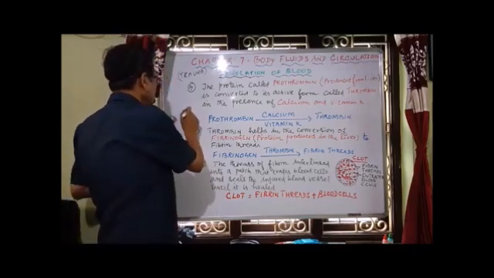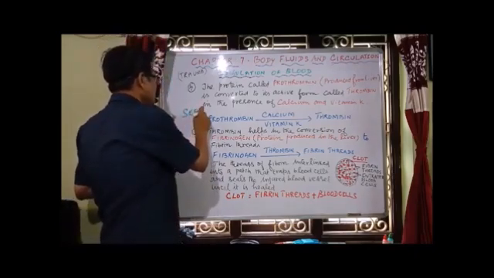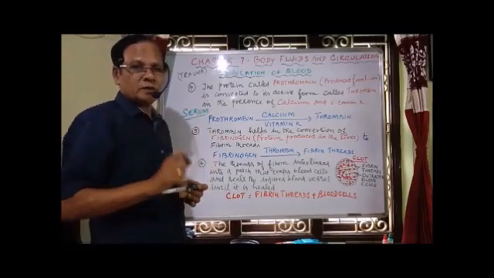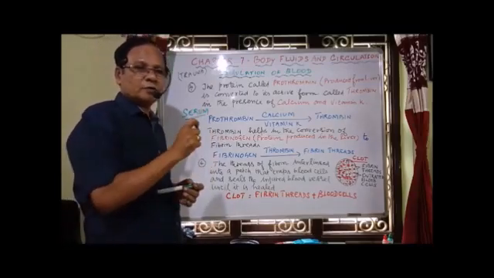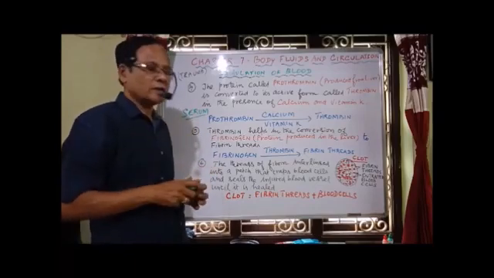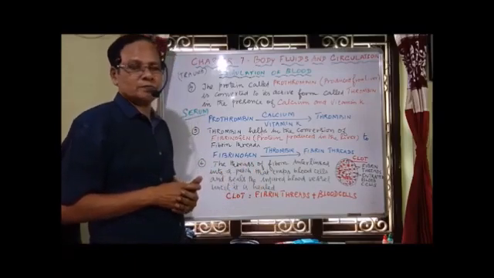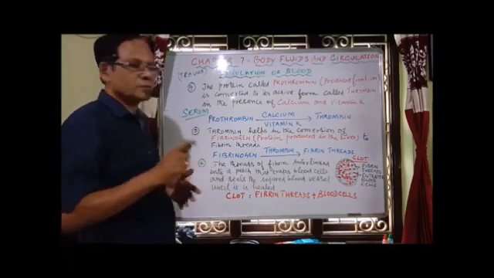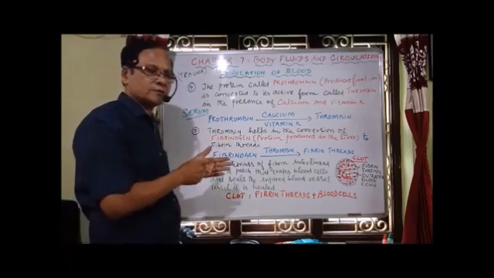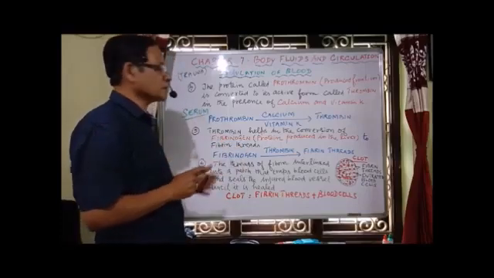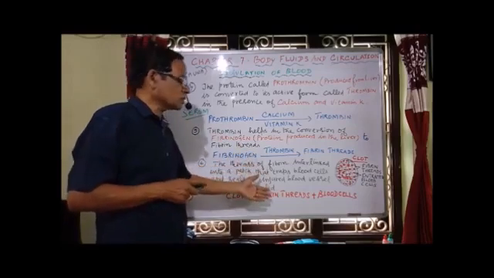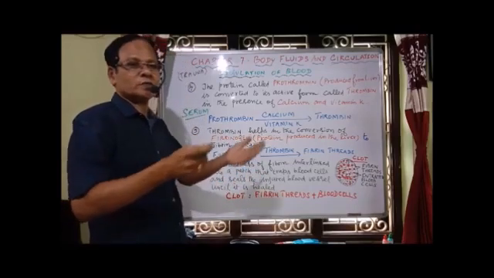So what is serum? What's the difference between serum and plasma? Serum is different from plasma in not having fibrinogen protein. So plasma without fibrinogen is called serum. That's the main difference. Plasma contains fibrinogen, but the serum contains no fibrinogen, because the fibrinogen is already used for the formation of the clot.